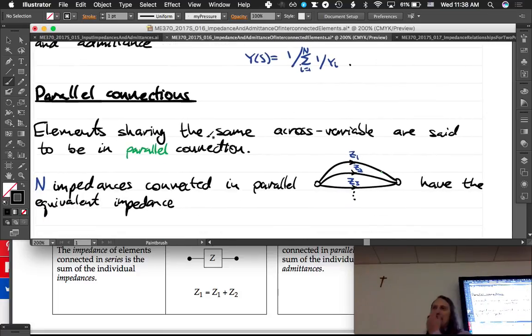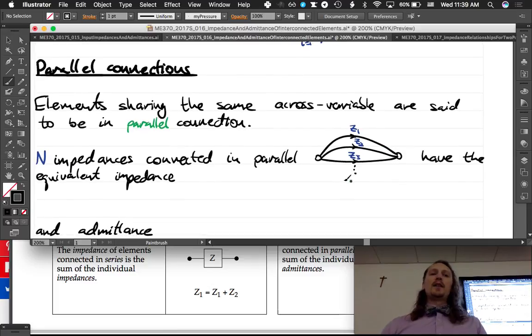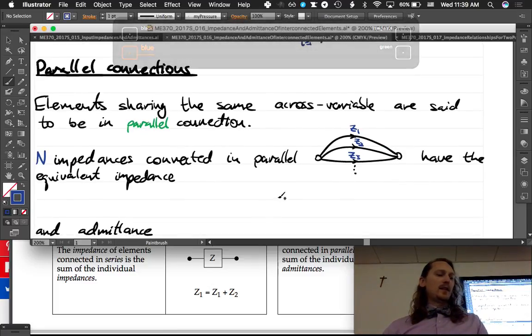Parallel connections. If elements share the same across variable, we say they're in parallel. So N impedances connected in parallel, sharing the same across variable, have the equivalent impedance.